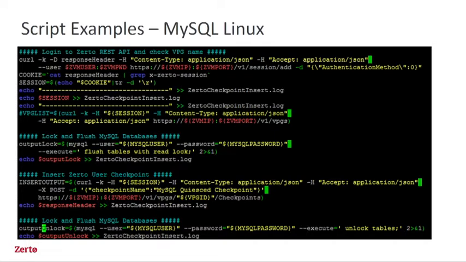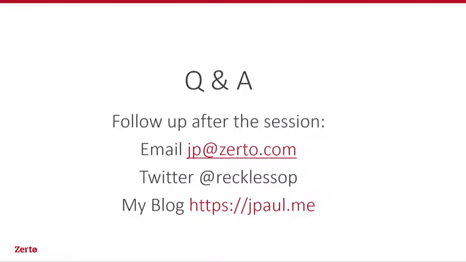So basically, log into Zerto, call my VPGs, log into MySQL, flush tables with read lock, and then down here at the bottom, unlock tables. So you could basically recreate this. If you had Postgres, you could swap this part out for Postgres. If it was Progress, whatever. Like I said, I'm not going to figure them all out, but it's a template.